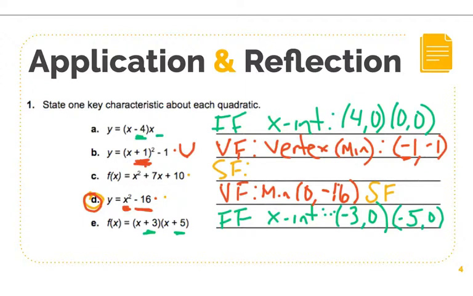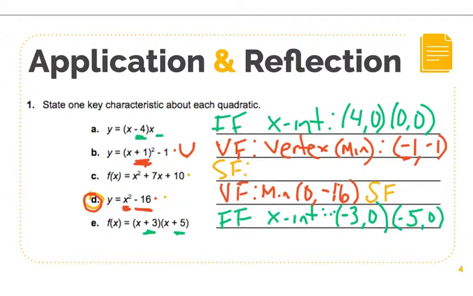And it's also in standard form because I've got the highest exponent written first, and then all the way till I have 16, which is my constant.